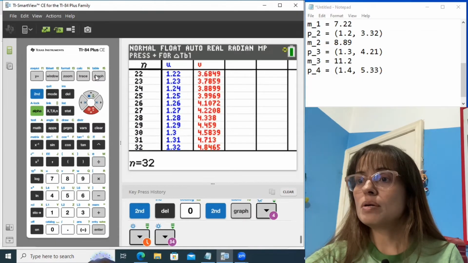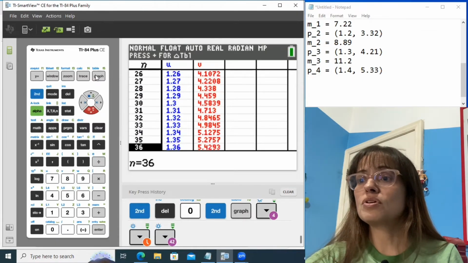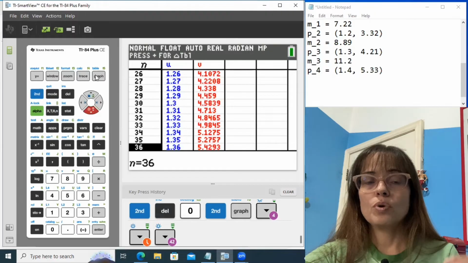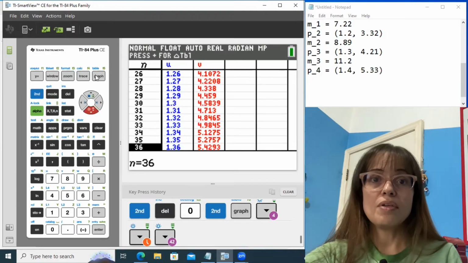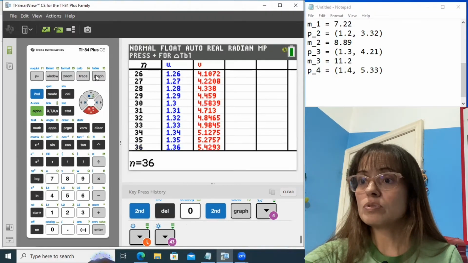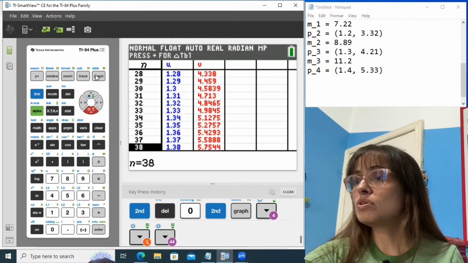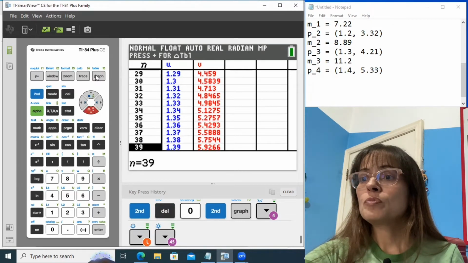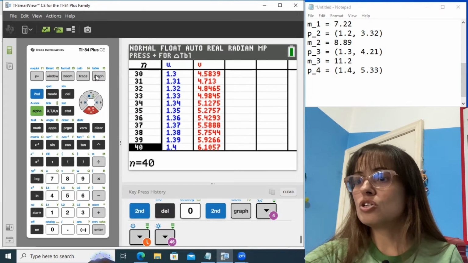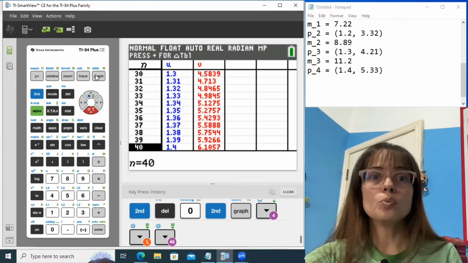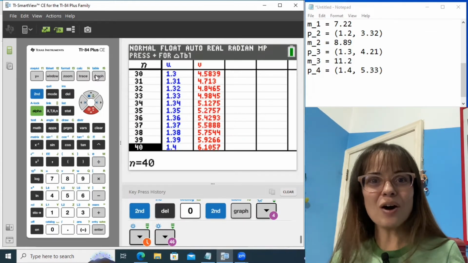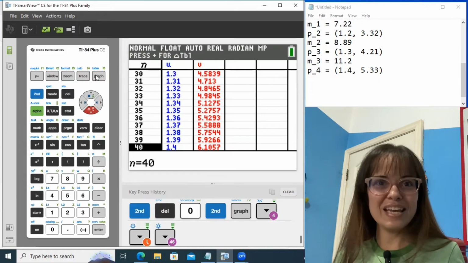So a better approximation for the value of y when x is 1.4 that the question was asking about, better than 5.33 or 5.34, would be the approximation 6.11. That is how different this is.